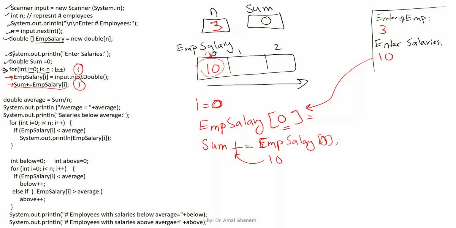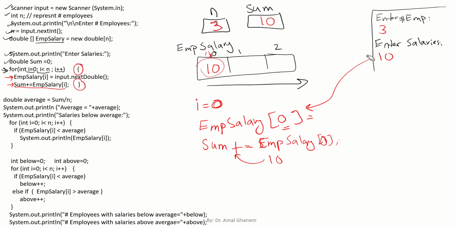Take this 10 and add it to the summation. So the summation value will be updated and the new value will be 10. We can see that the main aim of this for loop is to read a value, save it in the array, and then take this value and add it to the sum. And we will continue with the other elements.